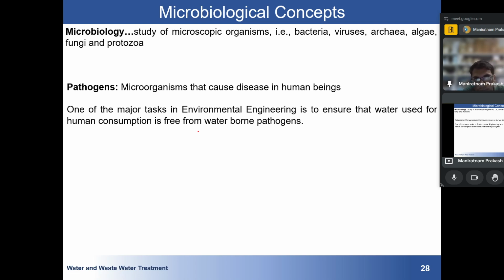In wastewater treatment, you have to make sure that after treatment there is no microorganism. Suppose the wastewater given to you initially contained some microorganism, and you dispose of it without treating that microorganism. So what will, just 1 minute.